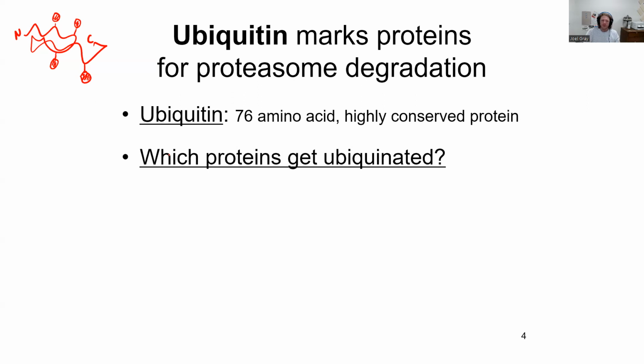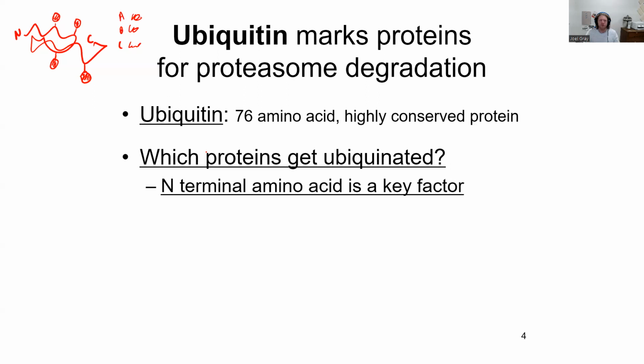So the enzymes involved in ubiquitination will see, here's 3 different proteins, A, B, and C. And they'll say, okay, we're going to look at the sequence for A, the sequence for B, the sequence for C, and we're going to see if it meets what we're looking for as a protein that we need to add a ubiquitin to.